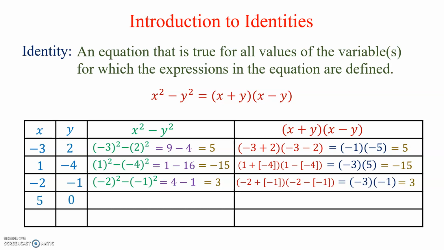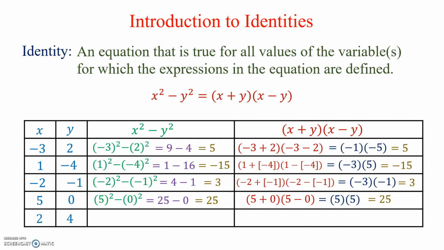Next, we'll substitute 5 and 0, just to illustrate that the same phenomenon occurs. When we square the 5 and the 0, 25 minus 0 gives us 25. When we find the sum and difference of 5 and 0, we get 5 and 5. The product is 25.